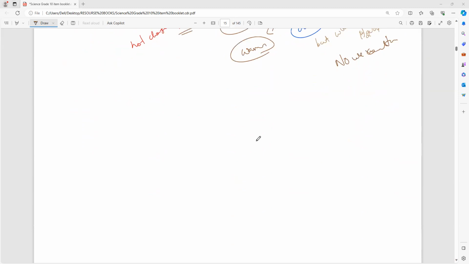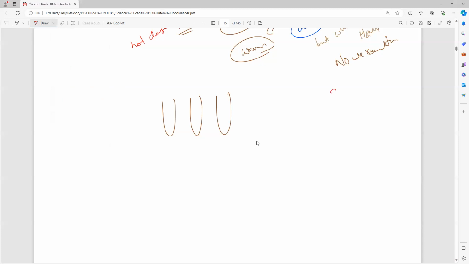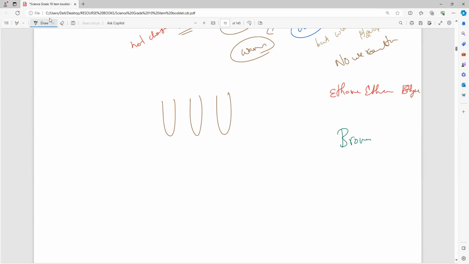Similar question we have got in carbon compounds. Do you remember? Three test tubes are given: ethane, ethene, ethyne. Which one can we identify? By using the bromine test, we can identify one. What is that?